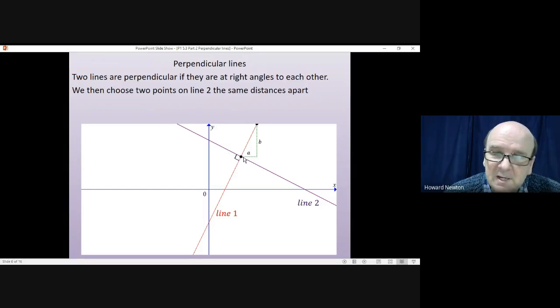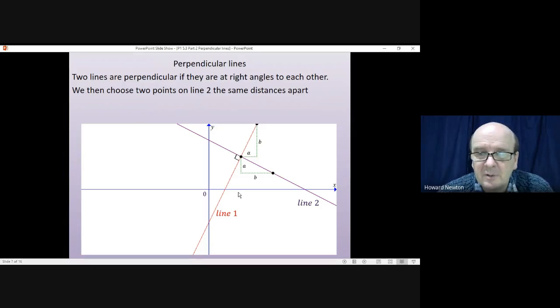Because they're at right angles to each other, when we create this second triangle, it is possible to create two congruent triangles.